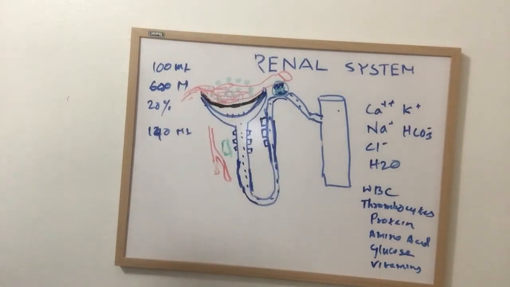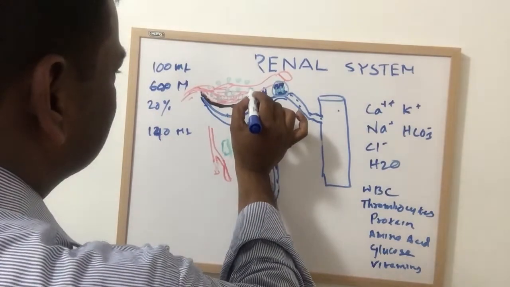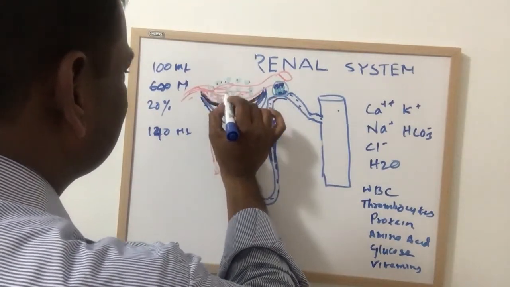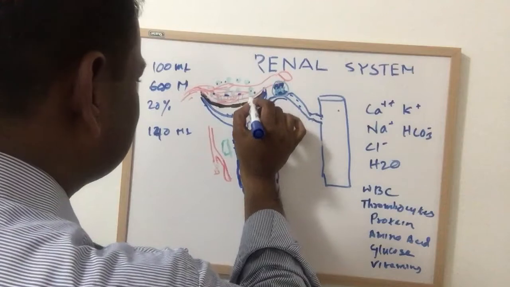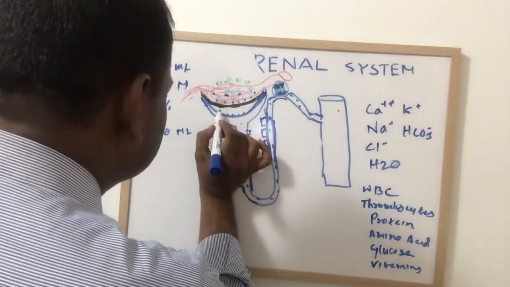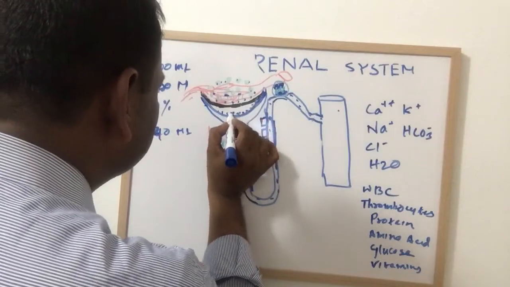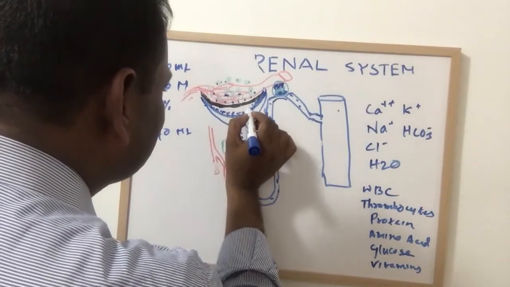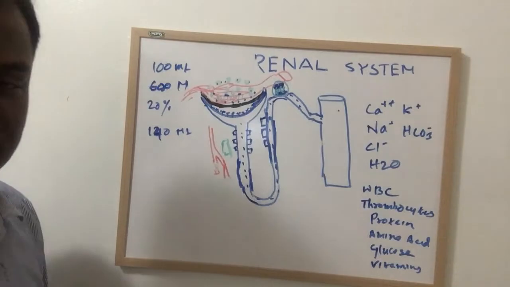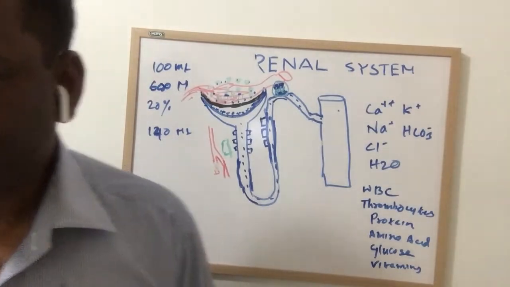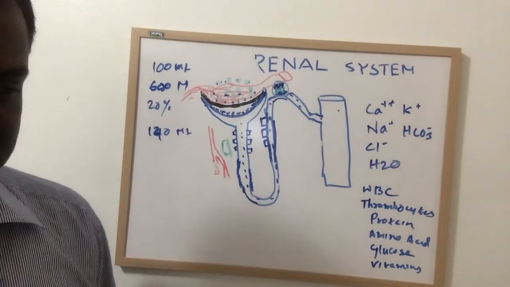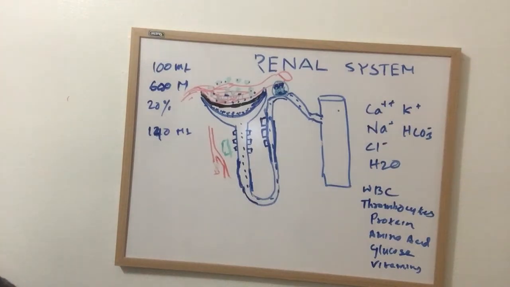And those special cells are in this area. There are some cells in the epithelium also. Those special cells are anionic. Anionic means negatively charged. So we can say this area is not only a size barrier, it is also a charge barrier.